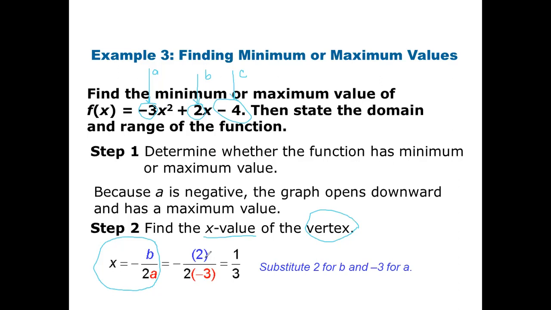Okay? So you have now there 2 over 2 times -3. So we have there 2 over -6. And since we have here a negative sign, 2 over 6 reduced to lowest term equals 1/3. Okay?